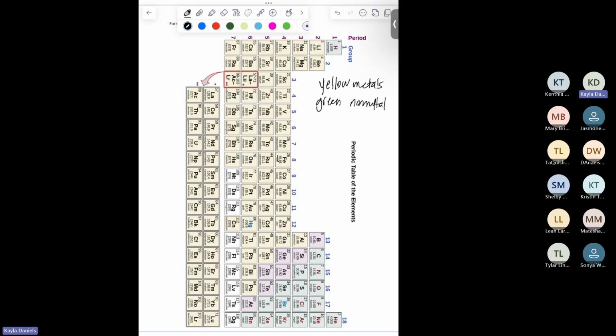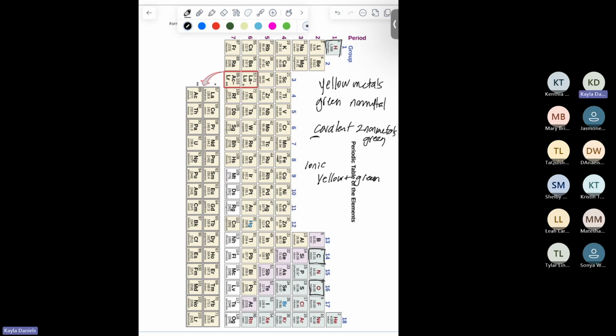Covalent is 2 nonmetals, so 2 greens. And then ionic would be a yellow and a green in this specific periodic table coloring. Every periodic table is a little different. Like CO, I know you were second guessing that one. So here's C and here's O. They're both nonmetals, so they're covalent.